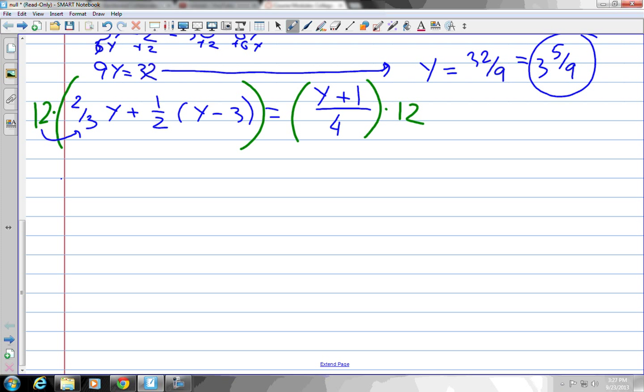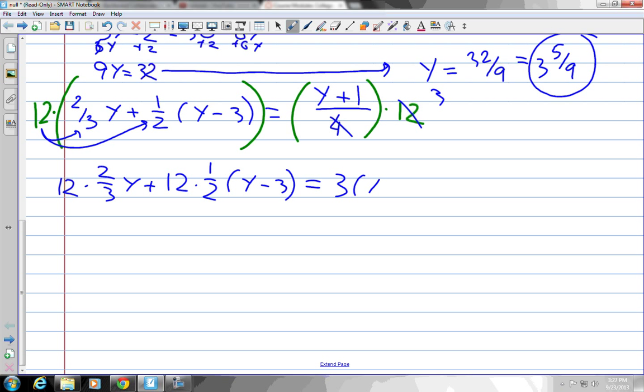So let's take an immediate step. 12 times 2/3 y plus 12 times 1/2 y minus 3, right? You distribute 12 through. On the other side, how many times does 4 go into 12? 3. So this is 3 times y plus 1.